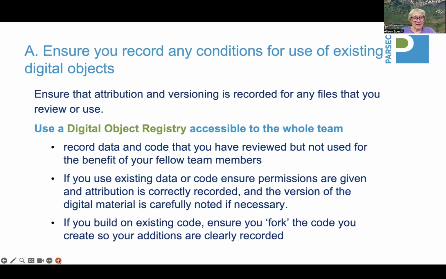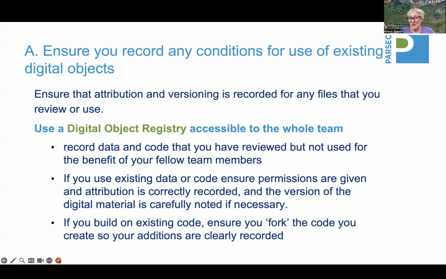So record any conditions of use of existing digital objects. If you're going to actually use something, and this may include, I mentioned climatic data earlier, in some countries that seems ubiquitous, anyone can get it. Of course, if you want retrospective data, you often have to pay, but that's another matter.